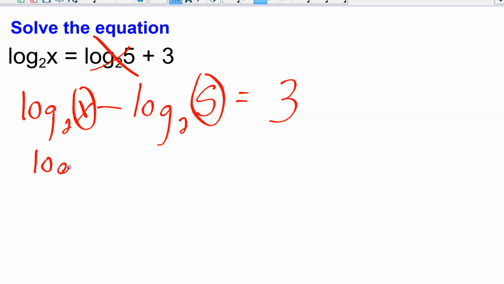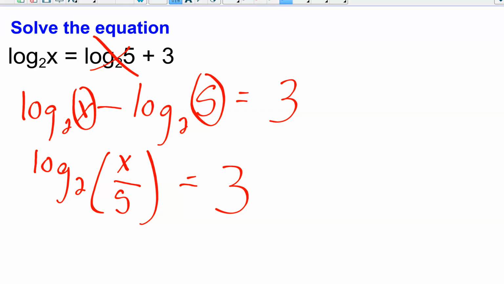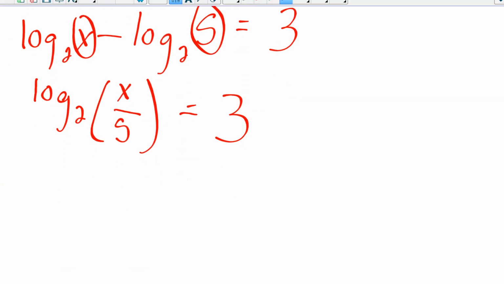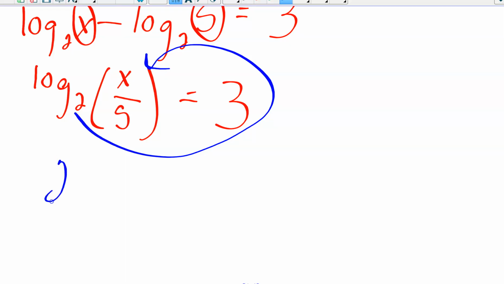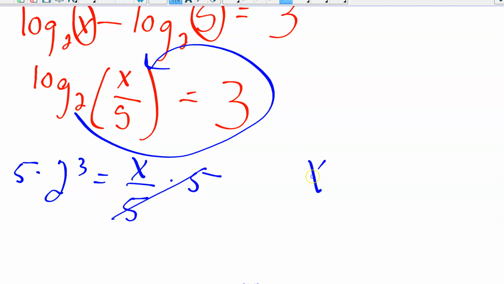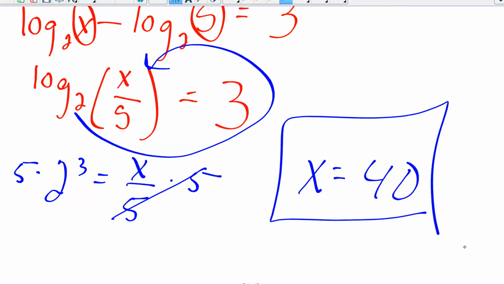So I'd have the log base 2 of x over 5 equals 3. And then the only way to get the x and the log separated, I know I said this a lot, but I want to make sure you're getting this, is to go exponential. So it'd be 2 to the 3 equals that. And then I'm going to multiply by 5 on both sides. And then x is going to end up to be 40. There you have it.